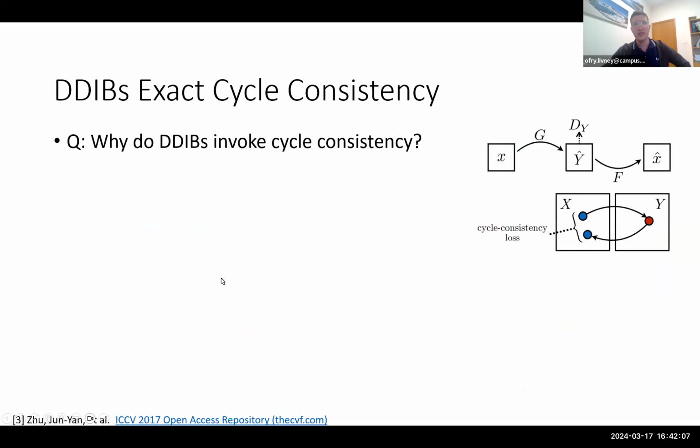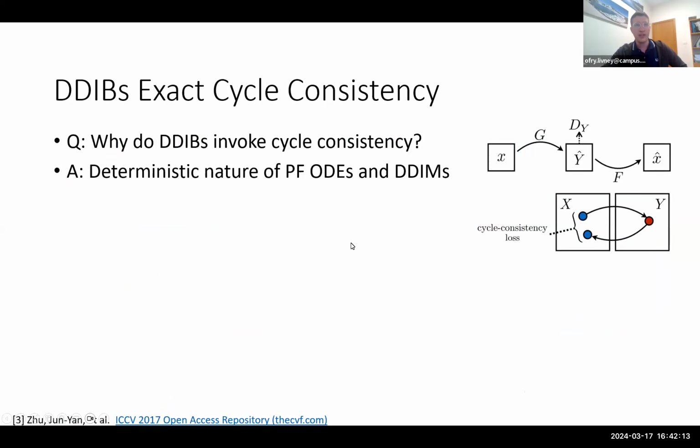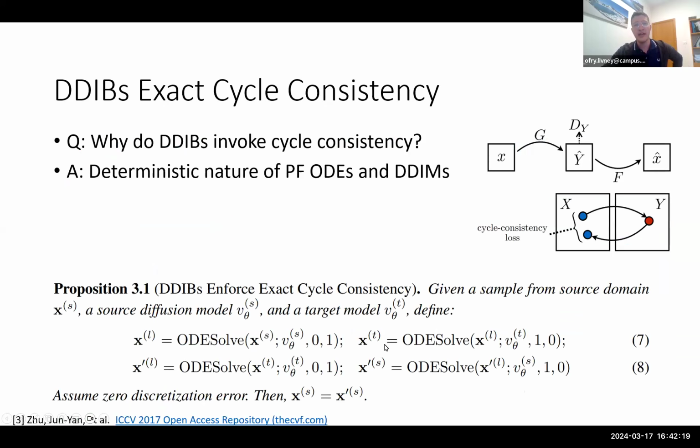Now, in terms of cycle consistency, why do DDIBs actually invoke cycle consistency? Well, the answer is that the deterministic nature of the PFODEs gives us exactly that. Because if we take some example from the source domain, project it to the target domain, then reproject it to some coordinate x prime, these are equivalent up to some discretization error, because this is a deterministic mapping in the design of the architecture.